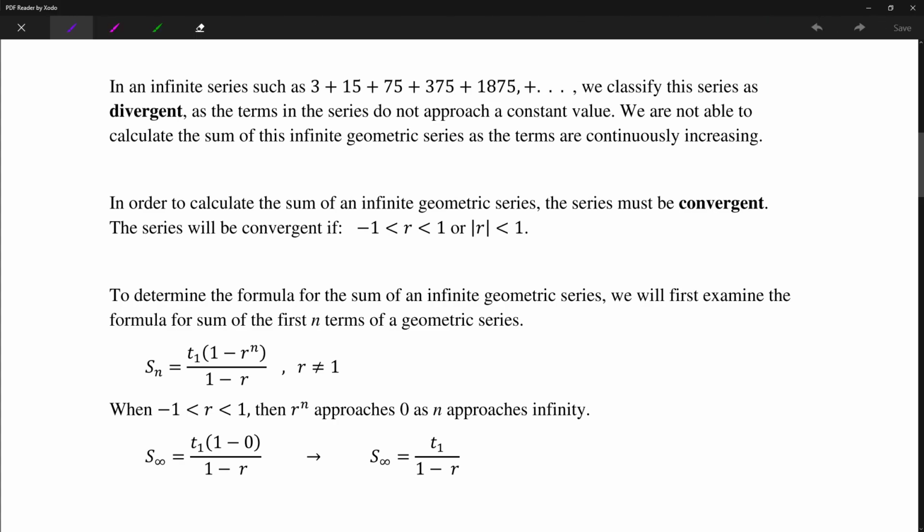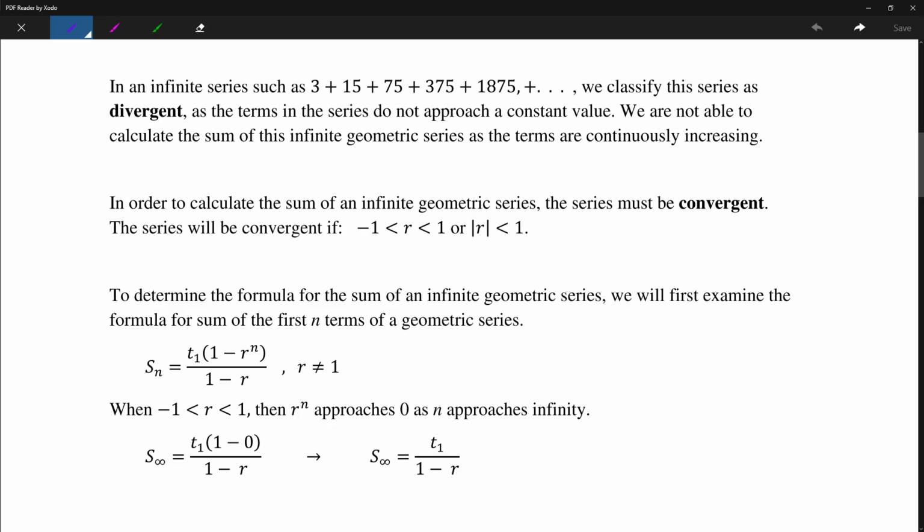Now first we have, of course, from the previous section here, the sum of the first n terms, Sn, is equal to t1, which is the first term, multiplied by 1 minus r to the n power, divided by 1 minus r. Of course, r cannot be 1. Now, when the common ratio is between -1 and 1, then r to the nth power is going to approach 0 as n approaches infinity.